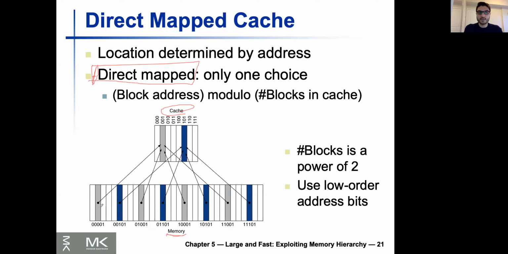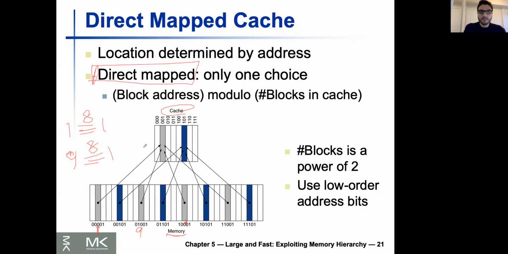Because if you take a mod of 1 and 9 with 8, both of them return 1. 1 mod 8 is 1, and 9 mod 8 is again 1, right? You go back again, you find it here. This is also shown in light gray, and it's going to directly map to 001. That's why we call it a direct mapped cache. Every 8th block is going to get directly mapped to this cache.